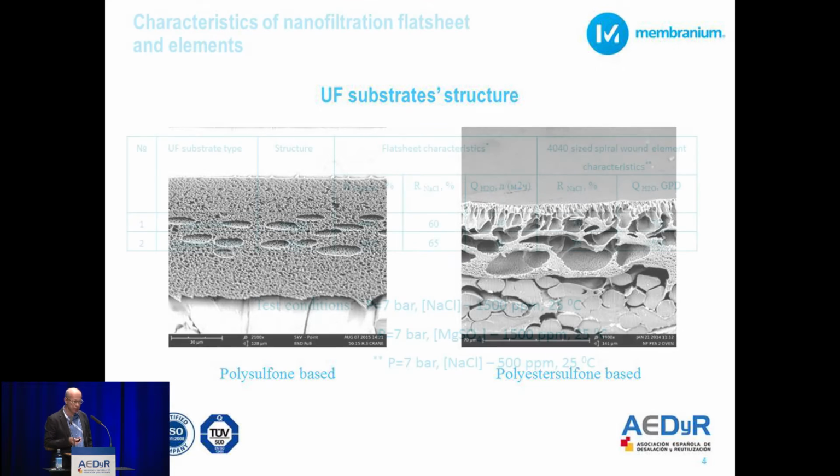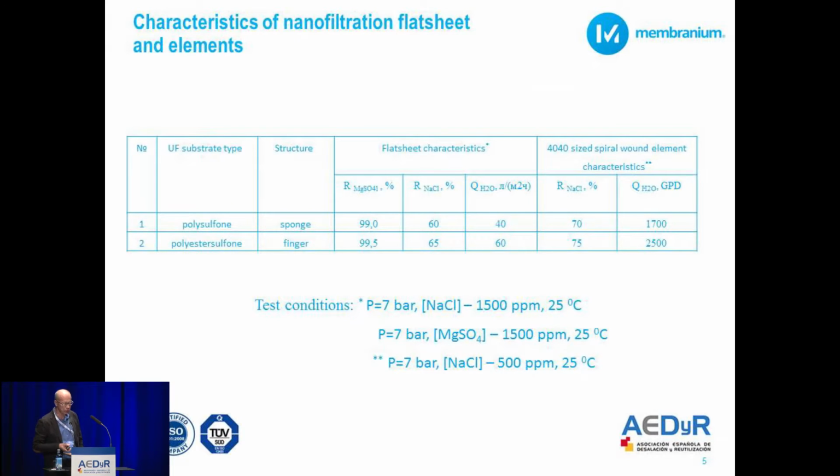And in this connection, you can see on the next slide the comparison of the specification of flat sheet nanofiltration and the spiral wound elements on its basis produced using two different ultrafiltration supports on the base of polysulfone and polyethersulfone. You see that both the rejection and the flux in the case when we use polyethersulfone are much bigger than in the case of polysulfone.